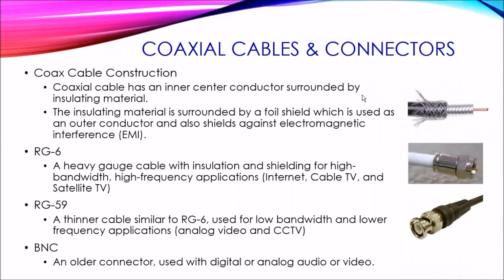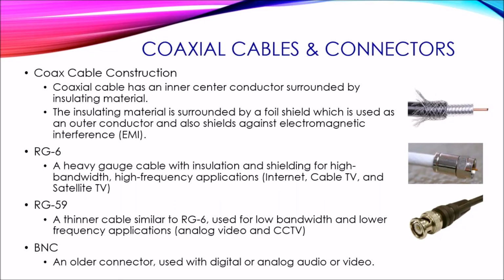Coaxial cable and connector. It's an old type of cable which is not being used in our networks due to slow bandwidth. Coaxial cable has an inner center conductor surrounded by insulating material. The insulating material is surrounded by a foil shield which is used as an outer conductor and also shields against electromagnetic interference EMI.